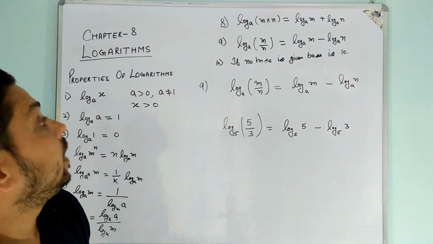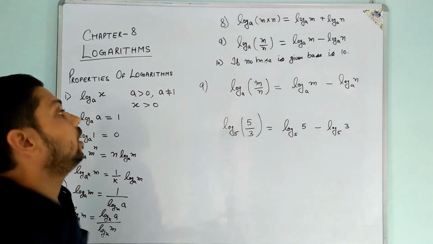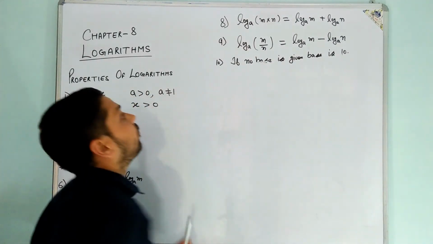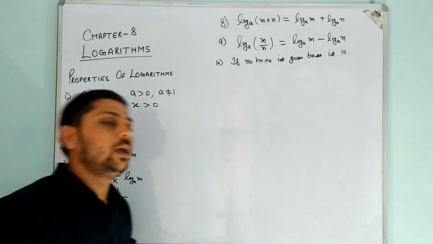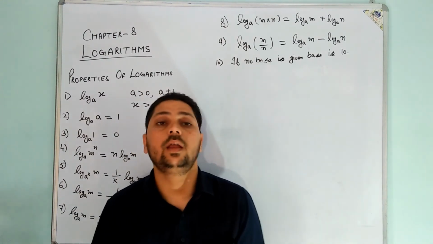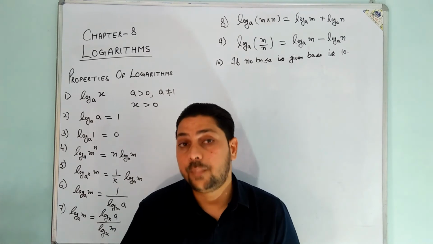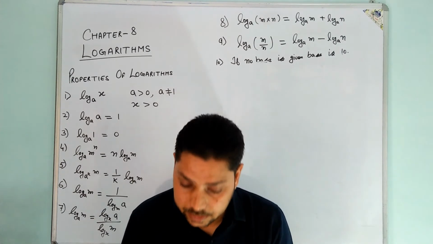Next is the last property here: if no base is given in a question, then you should always take the base as 10.